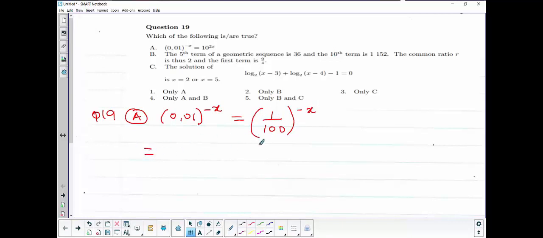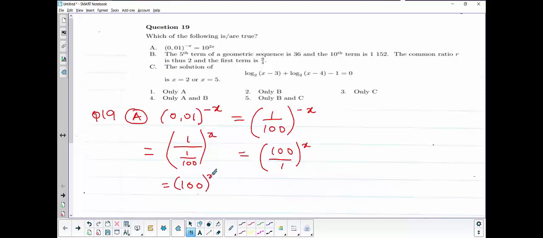And in order to cancel this minus, this can be written as 1 over 100 again, everything raised to power x. When you evaluate this, it gives you 100 over 1 raised to power x. 100 over 1 is still the same thing as 100 raised to power x.